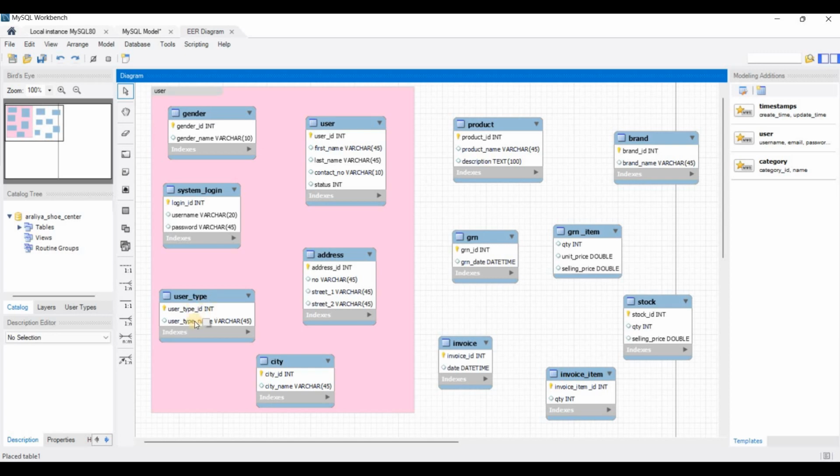So the relationship between this user type and user table is one-to-many relationship. So here's the relation we use to make the relationship. Here's the one-to-many relationship symbol. So here's the many side and here's the one side. So you can see this is the relationship between user type and user table.